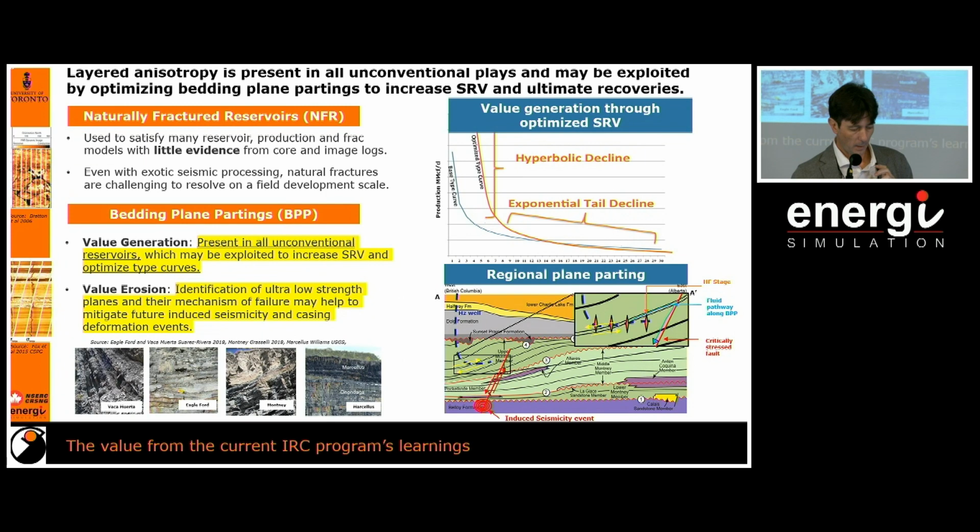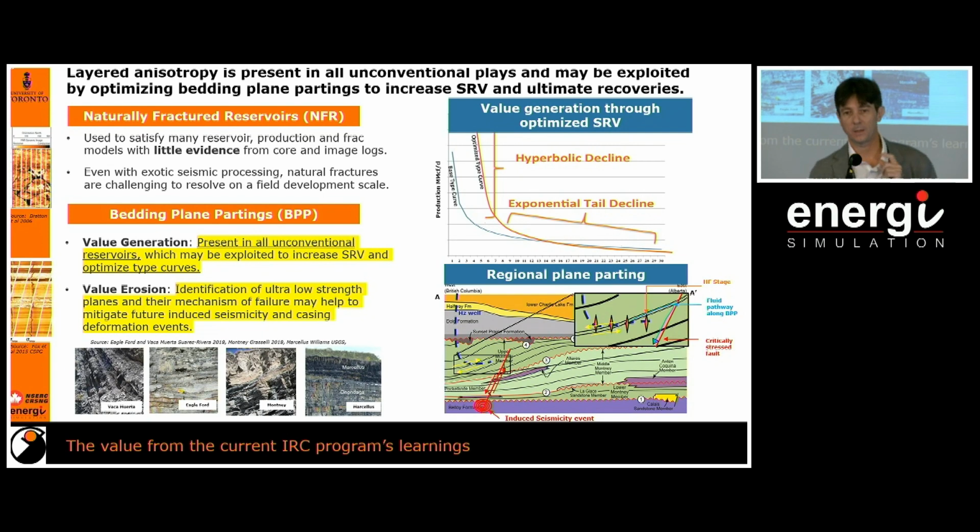Now, what is really the value of this research, we think? Clearly, the value is that we need to consider the bedding planes. And by engineering our completion to take advantage of the bedding planes, we can add value to our completion.